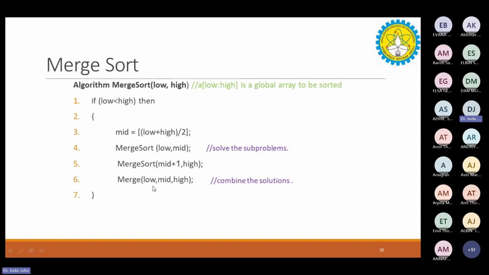Similarly, A of mid plus 1 to high, the right half, also becomes sorted. Now you have to merge these two sorted arrays, which is why you require the merge operation. This algorithm is not complete because we have not specified how to do the merge operation, so you need to add that also. But this is the outline of the merge sort algorithm.